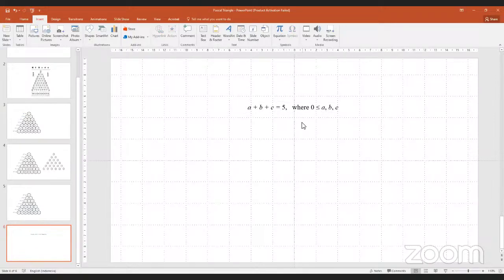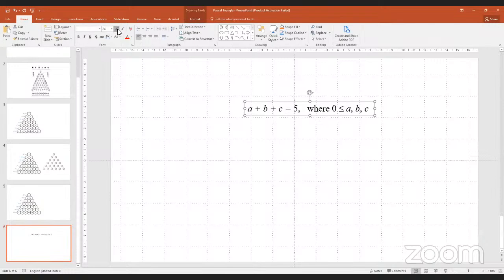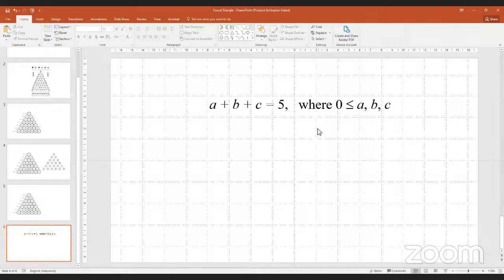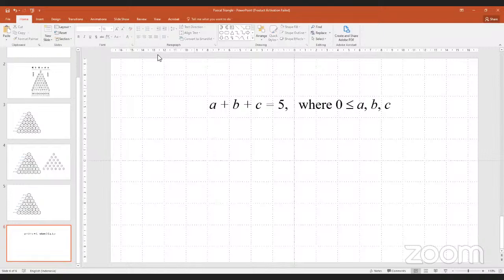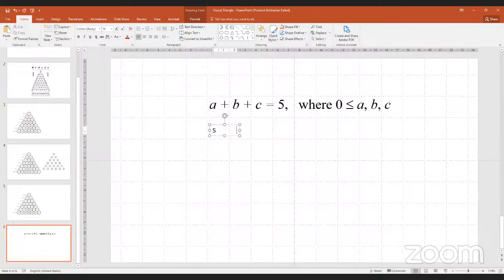How many solutions can you have? How many different possible solutions? So one of the solutions, for example, a is 5, then b is 0, c is 0. Then you have that one too.